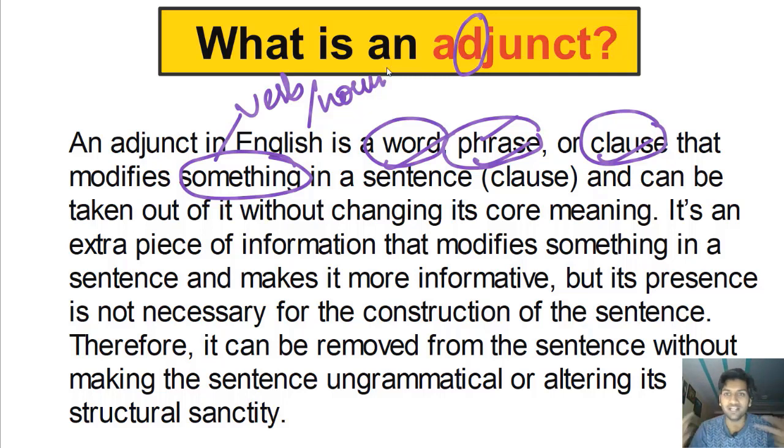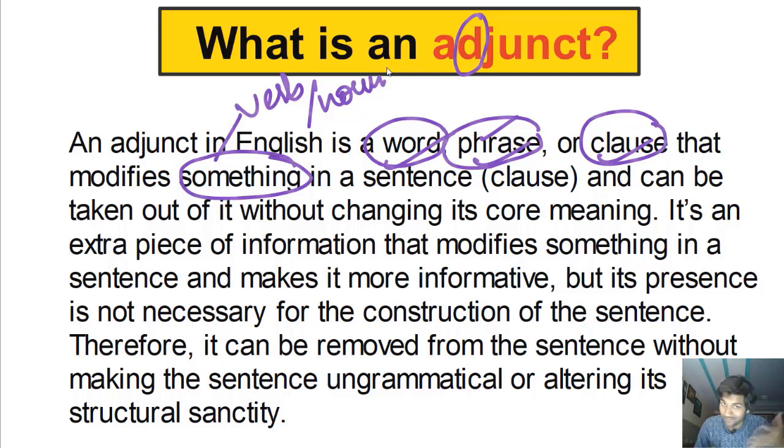It is a word, a phrase, or a clause that modifies something in a sentence. And the kind of information it gives about that part is non-essential, is extra, and can be taken out of the sentence without changing the core meaning of the sentence or making it ungrammatical. All right, this is what an adjunct is.